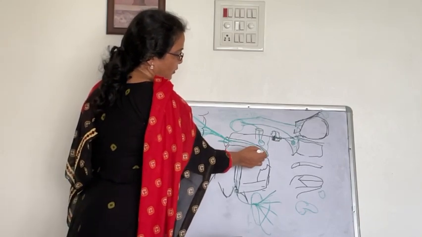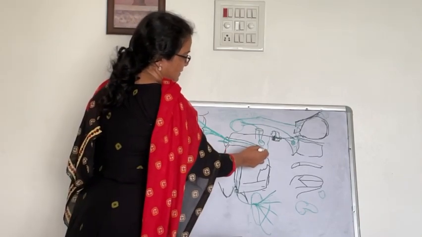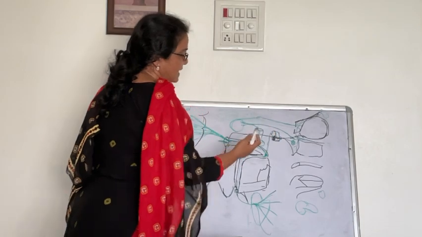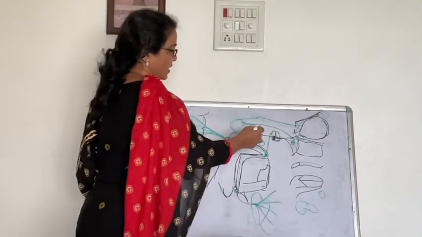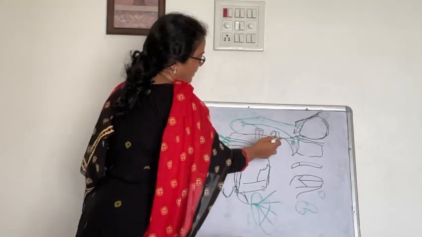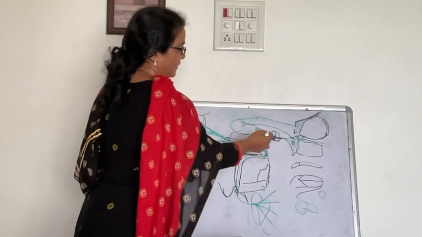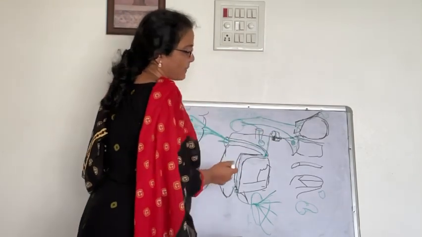Then at the genu, the fibers enter the branch called the greater petrosal nerve, which joins with the deep petrosal nerve and forms one nerve called the nerve of the pterygoid canal, which enters the pterygopalatine fossa.